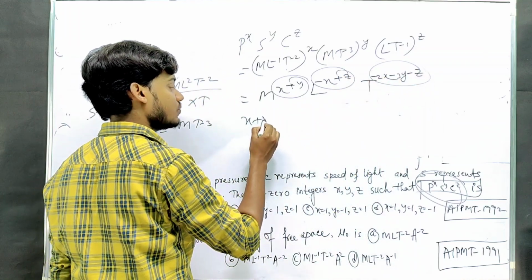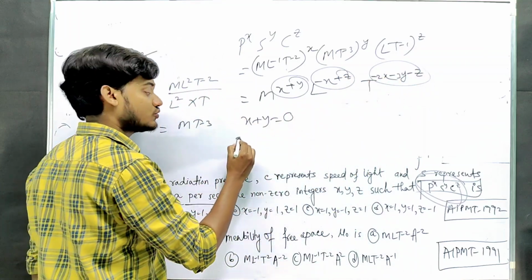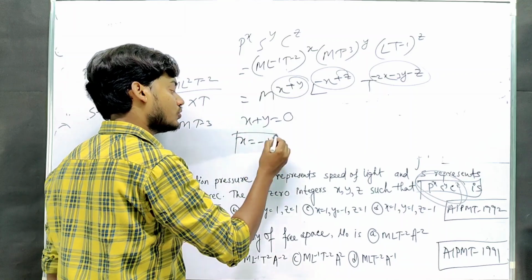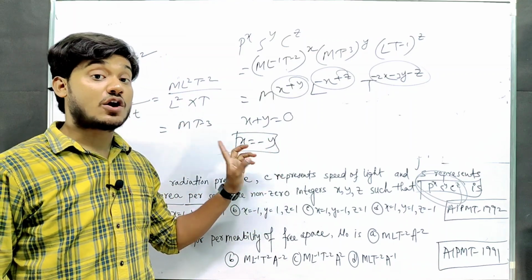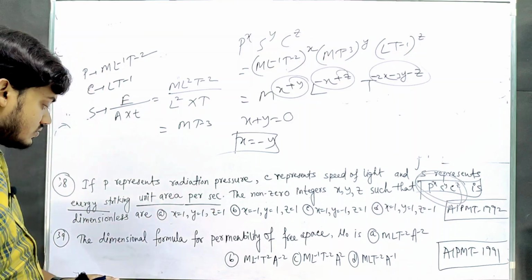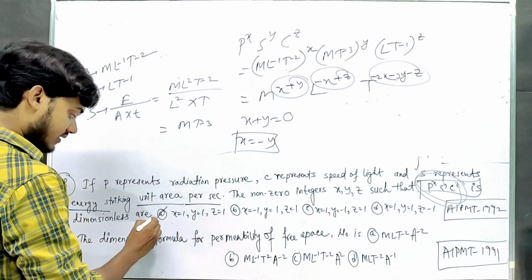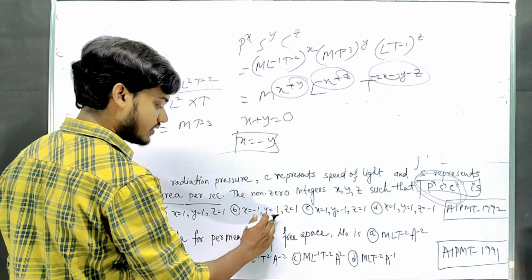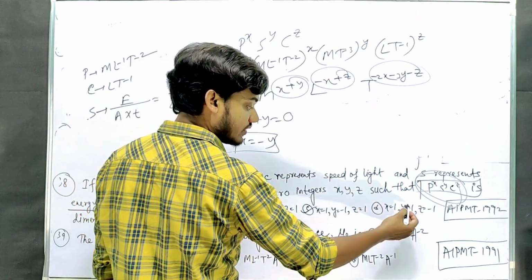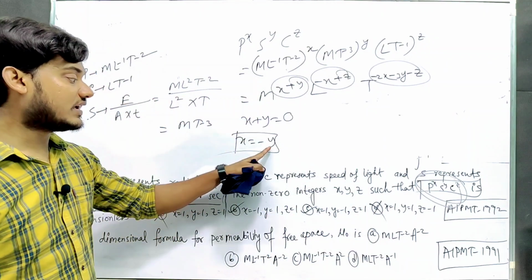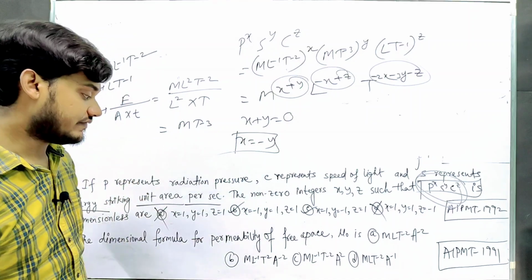So x plus y equals 0, so x equals minus y. So x and y are equal but opposite. So x 1, y 1, no, it cannot. x minus 1, y 1, it can. x 1, y minus 1, it can. x and y are equal but opposite.